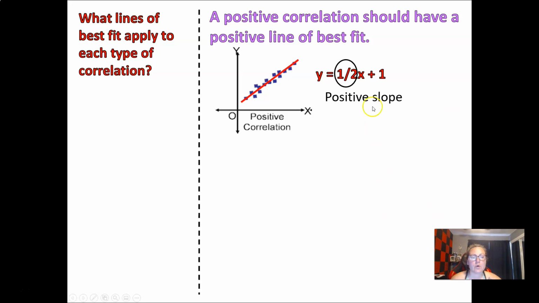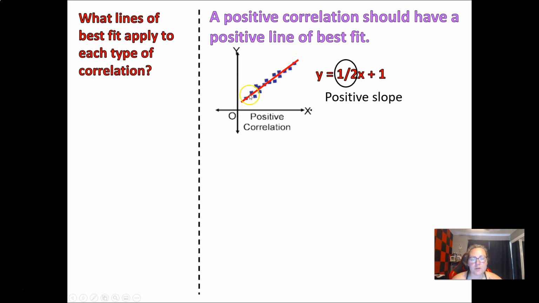So y equals mx plus b, where m is the slope and b is the y-intercept. If you look at this line, it would cross the y-axis at about 1, so you see the plus 1 there. And the slope is a positive 1/2 because it goes up 1 over 2 and so on.